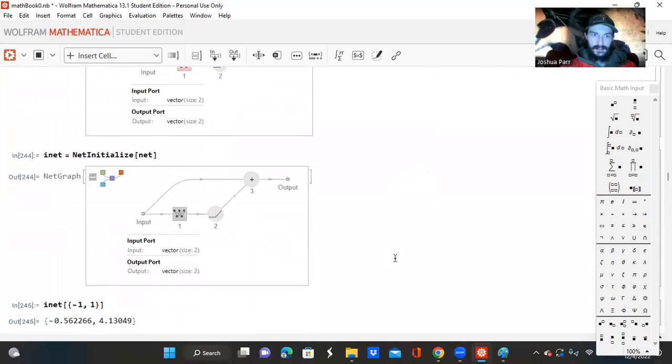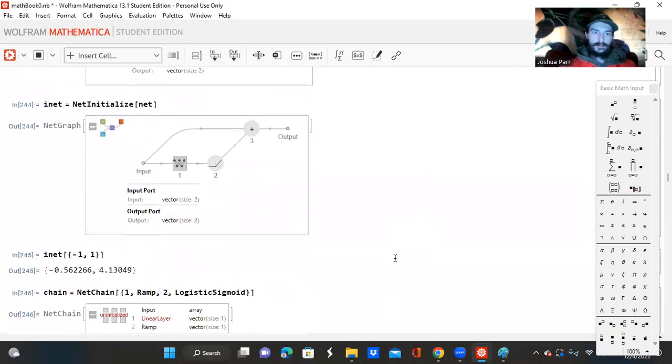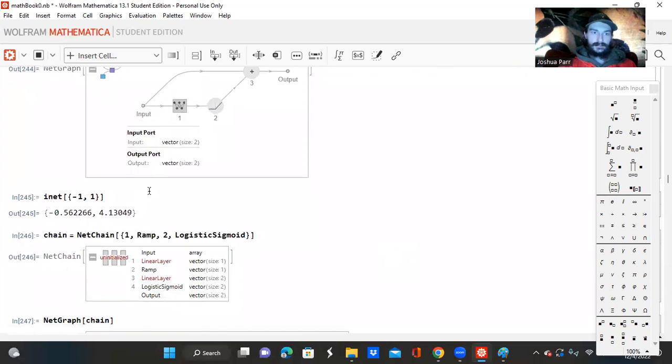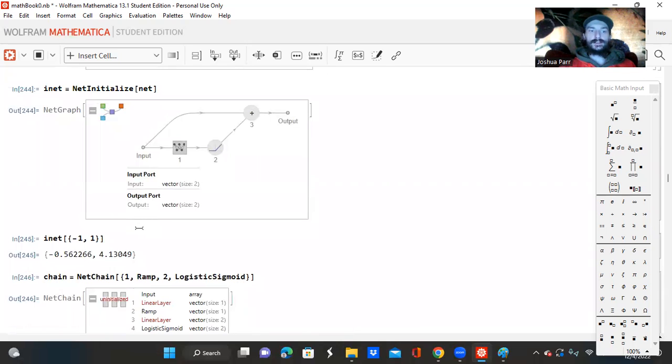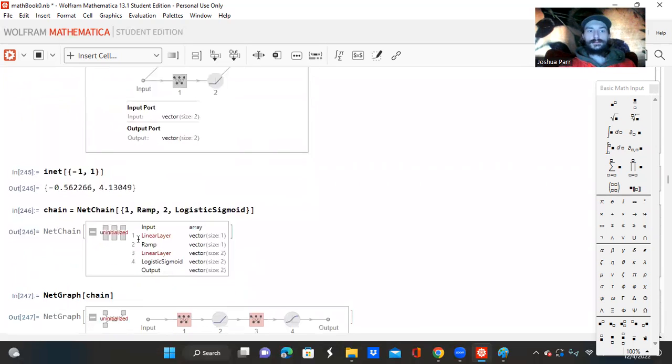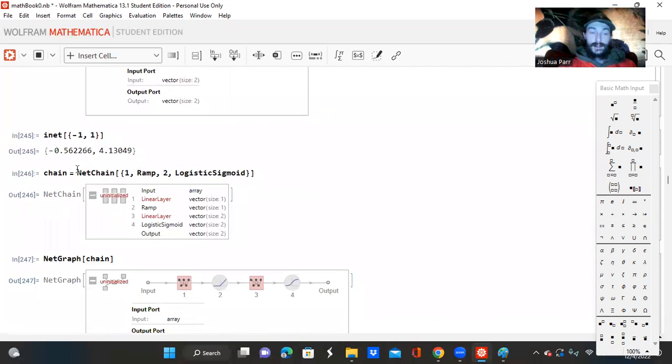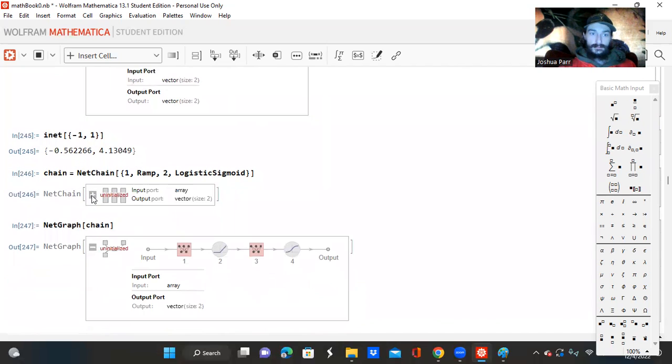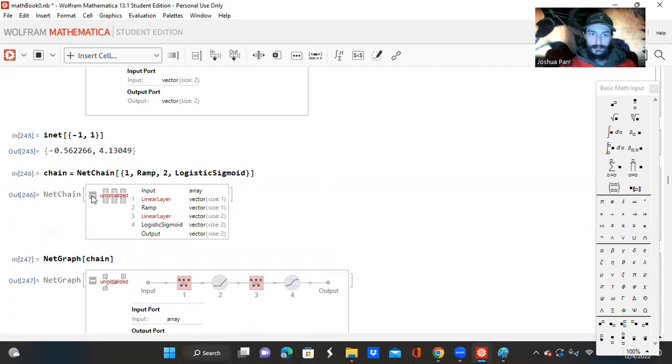Now it's initialized. Now I'm taking net and feeding in 2 values and getting 2 results. Creating another variable called chain. And I'm net chaining the ramp and logistic sigmoid at 1 and 2.